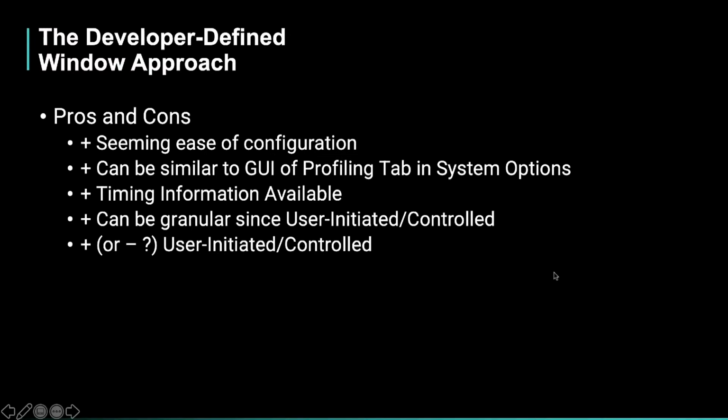Or is this a minus instead of a plus, in that it is user initiated and you're trying to catch the application in the act of some anomalous behavior, perhaps waiting for the user to be able to initiate the trace? They just will miss that event at that instant. So it's arguable whether or not this is going to give you the level of control that you desire and need.